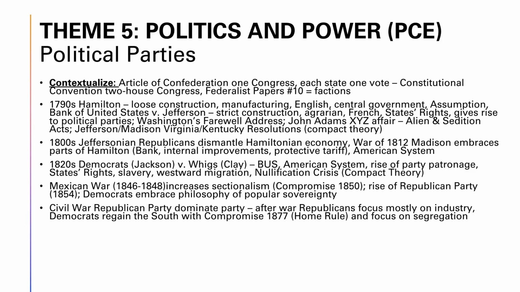You had this election in 1876, where the Democratic presidential nominee actually won the popular vote. But the Republican nominee, Rutherford B. Hayes, had a little bit more electoral college.